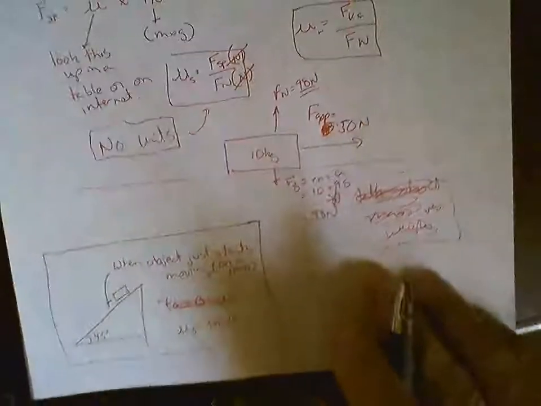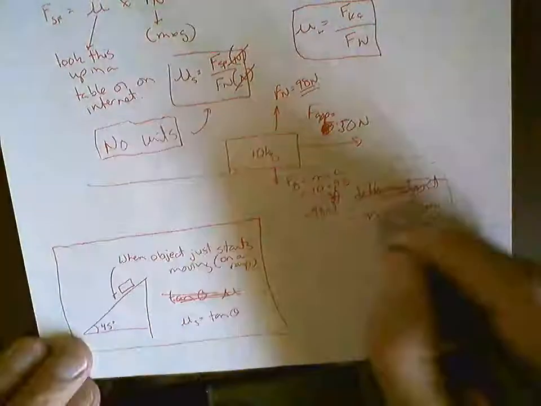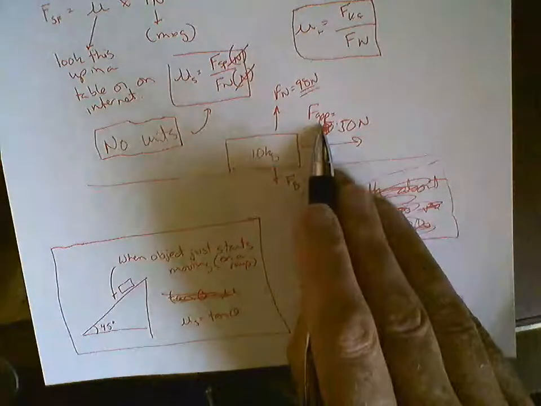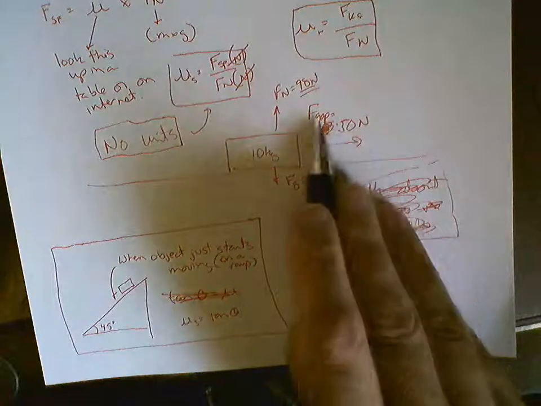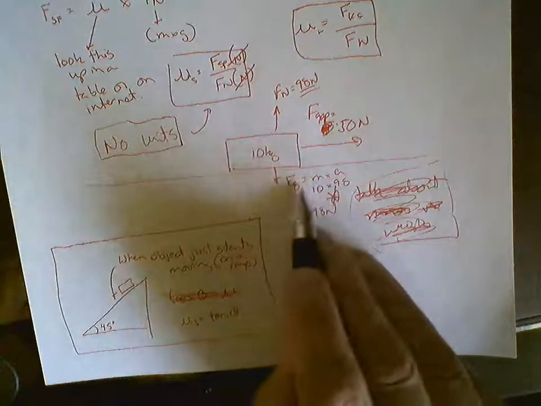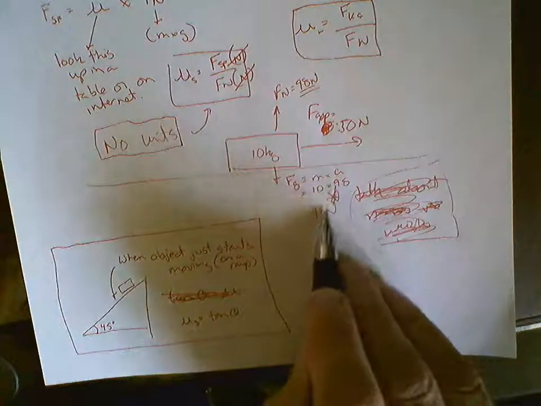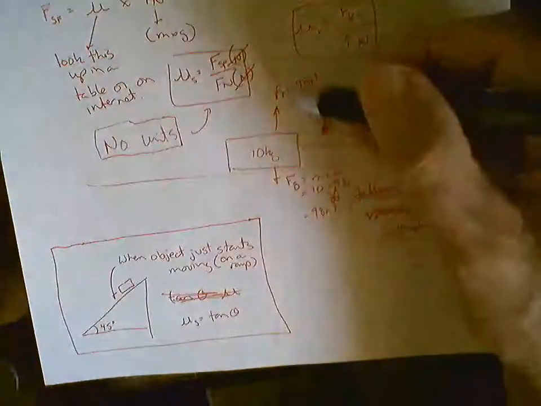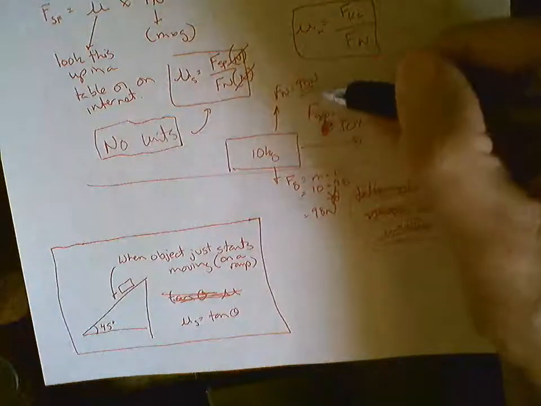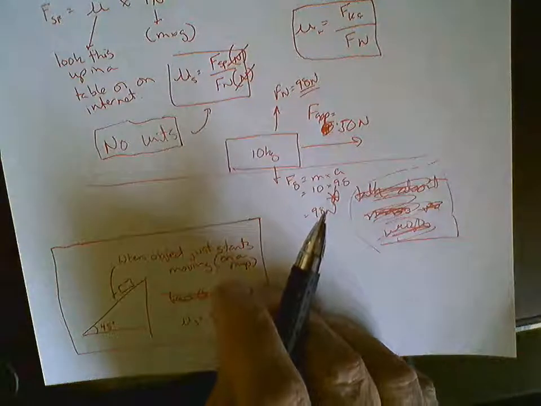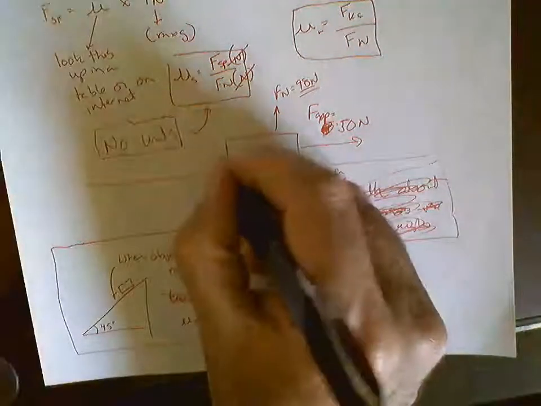I want to go through just a quick question. Say we have an applied force of 50 newtons on a 10 kilogram brick. We could find the force of gravity, mass times acceleration, 98 newtons. We could find the normal force, 98 newtons. Notice there's no acceleration in the y direction because these are not unbalanced forces, they're the same. But what we could find now is the force of friction.